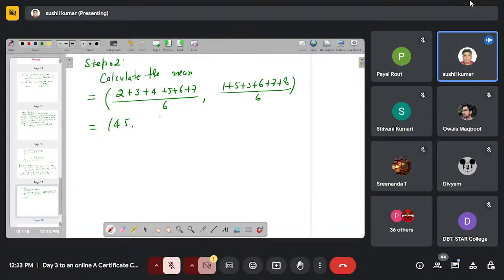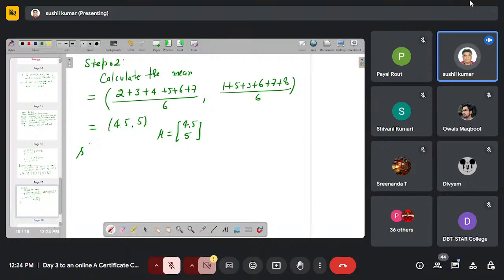And 6 plus 3 is 9, 15, and 7, 30, so 5. So this is the mean vector I got: 4.5 and 5.